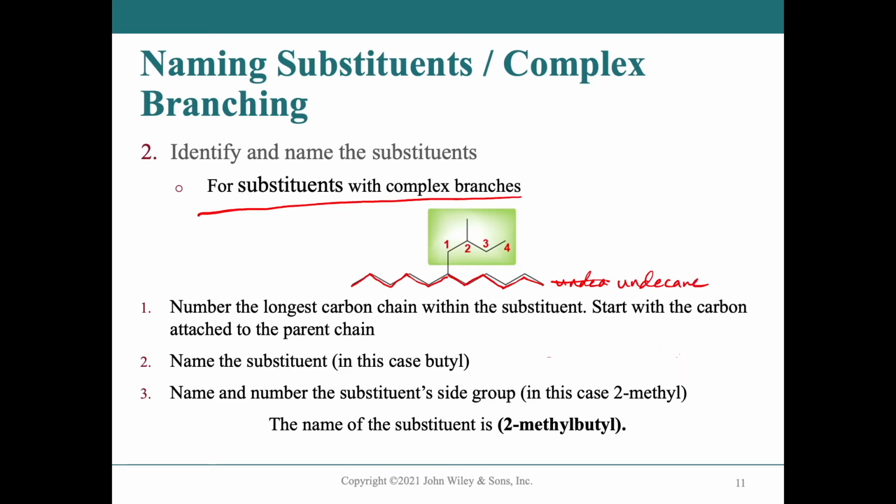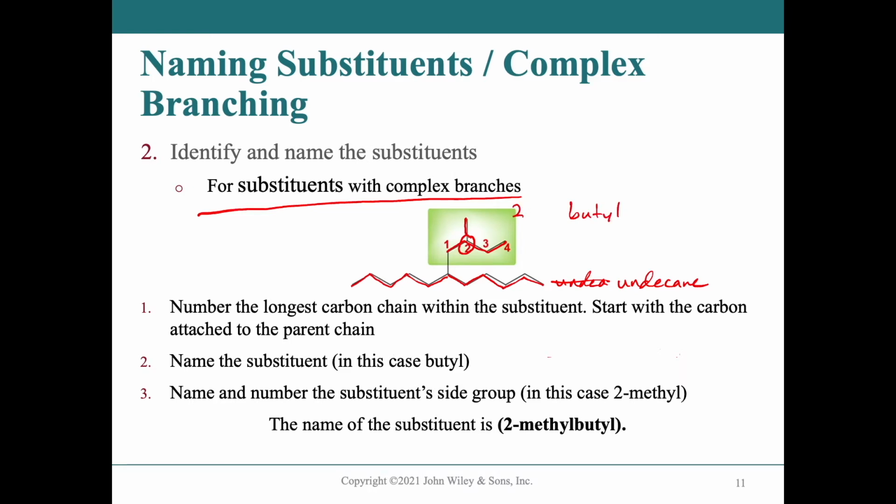But then we have a substituent here that is 4 carbons long, which makes it a butyl group, right? But then on the second carbon right here, there's also another substituent that's a methyl group. So you put it all together as the substituent name: for the substituent, which is a butyl, on the second carbon there's a methyl.